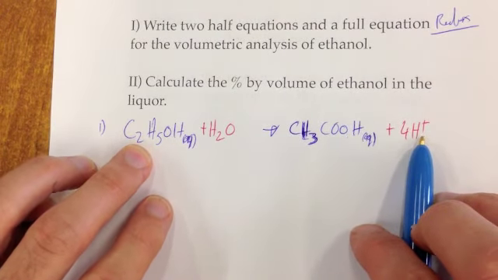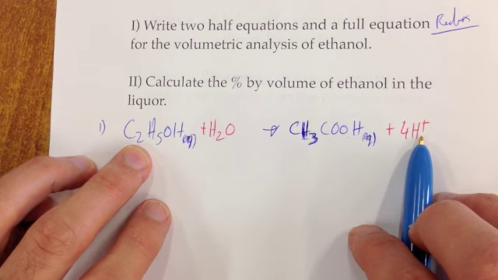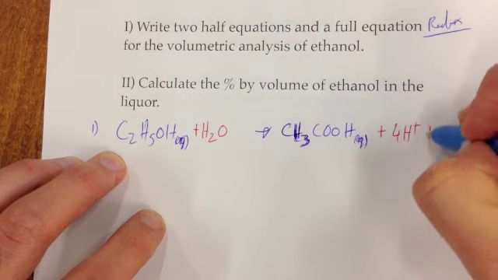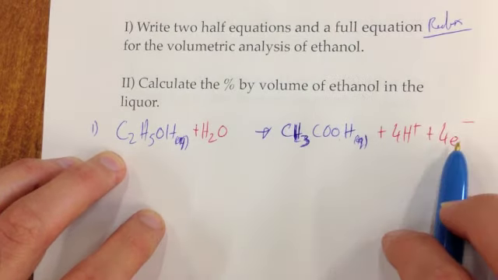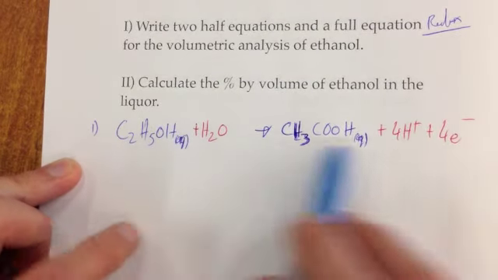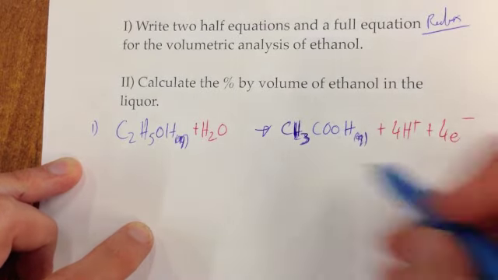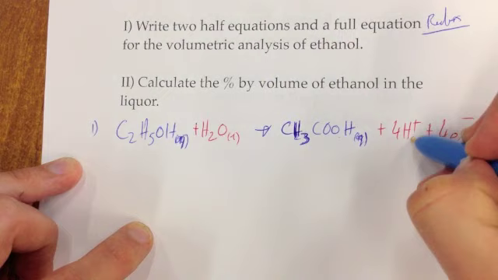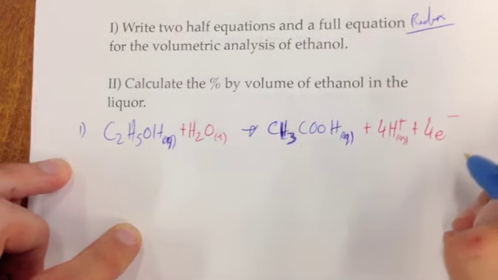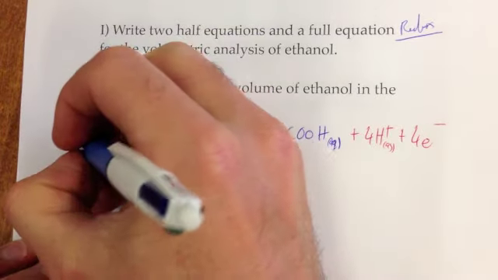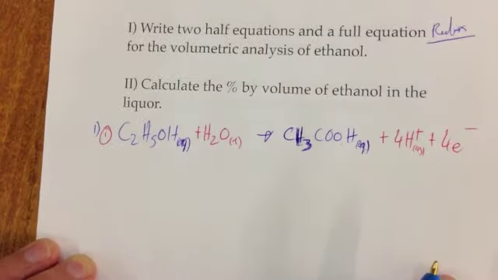Now we need to balance our charge by adding 4 electrons to this side, because no charge on this side and 4 positives on this side. Waters are always liquid, hydrogen ions are aqueous, and our electrons have no charge whatsoever. So there's our first half equation.